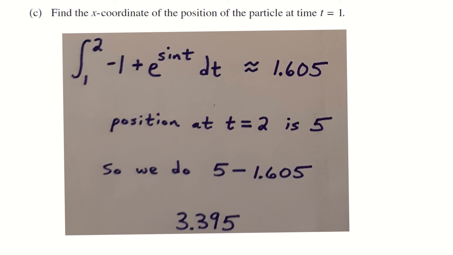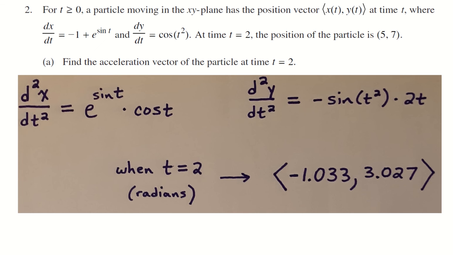Part C. Find the x-coordinate of the position of the particle at time t equals 1. My first idea was, they want position. So my plan A was to integrate this, because this is the velocity component for x.